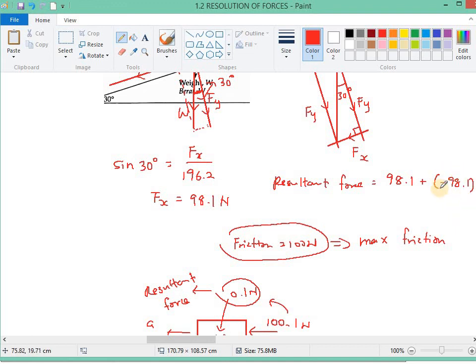That means this negative 98.1 is the friction. Understand? Friction. So that means the resultant force will be 0 Newton.